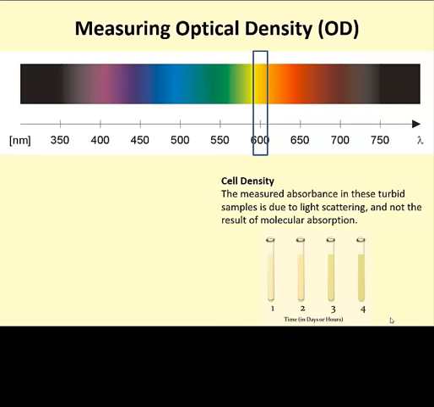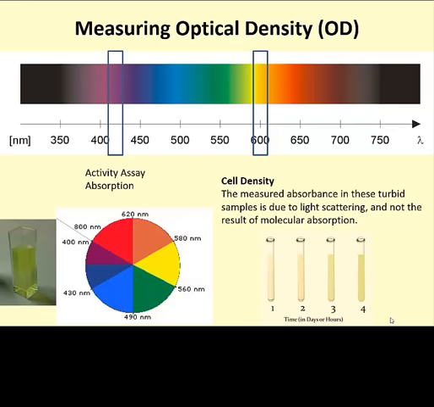In case of live bacterial culture, we don't measure the absorption of a wavelength, but the amount of light scattered by the bacteria in the sample. Therefore, in our lab, we will be using 2 measures. The OD420 reading for the activity assay, and the OD600 reading for the live bacteria. This might confuse you, so make sure you understand the difference when you are performing your experiment next week.